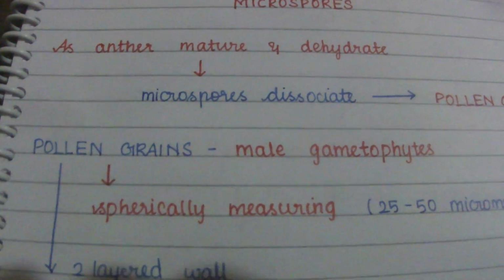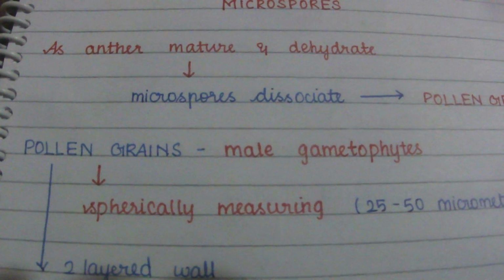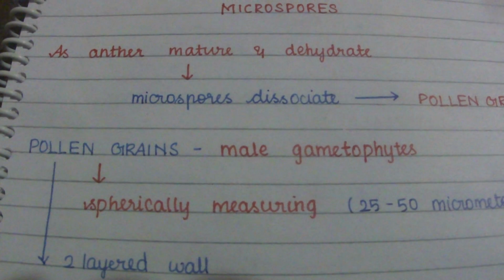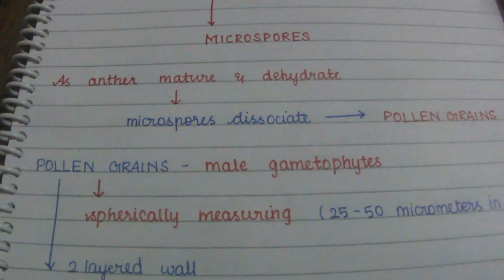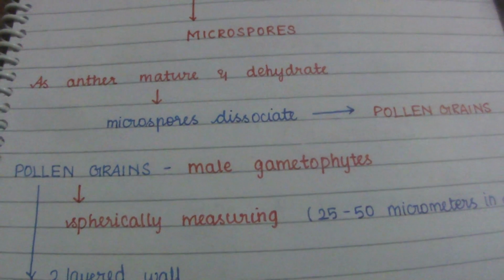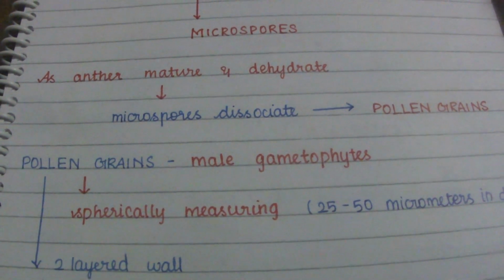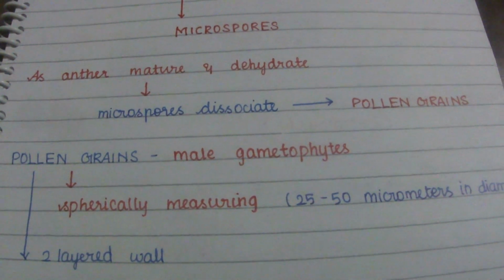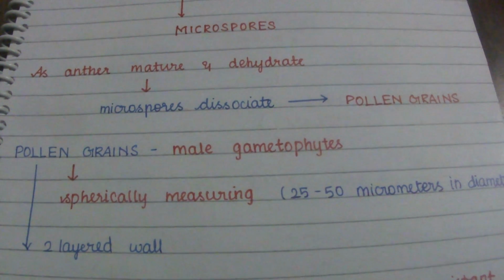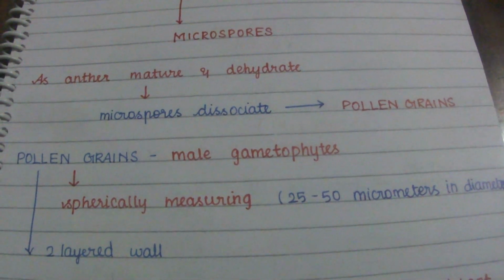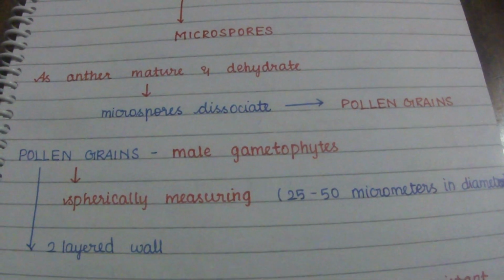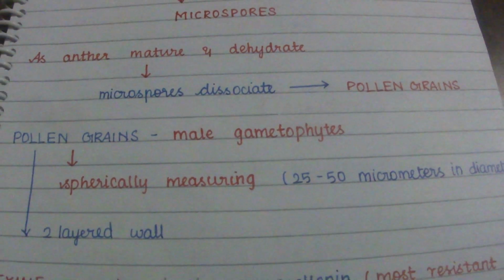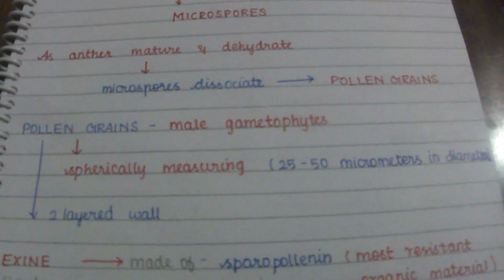As the anther matures and develops, the microspores dissociate. The microspores that are formed dissociate from each other as the anther matures and dehydrates. These dissociated microspores develop into pollen grains.